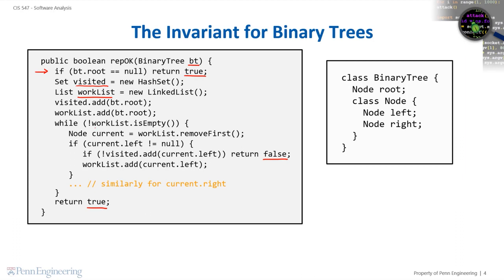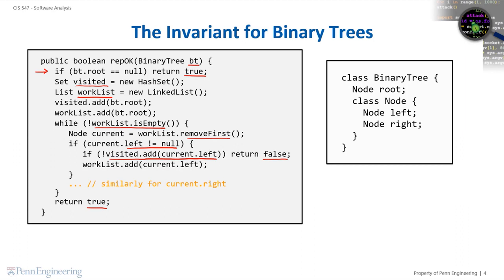While the work list hasn't been fully processed, the function removes the earliest node in the work list and checks whether its left child is not null. If so, it then checks whether that left child has already been visited. If it has, then we have detected an invalid tree. In particular, we have detected more than one path from the root node to the current node, which violates the condition for a data structure to be a tree.